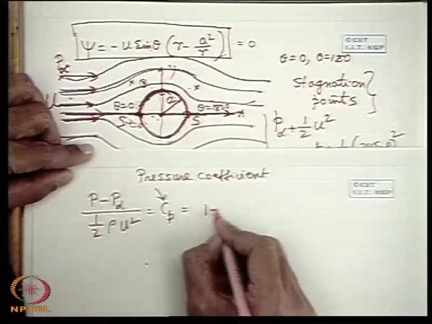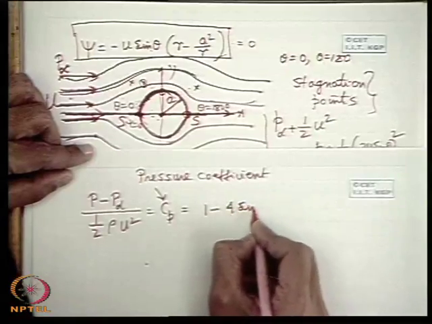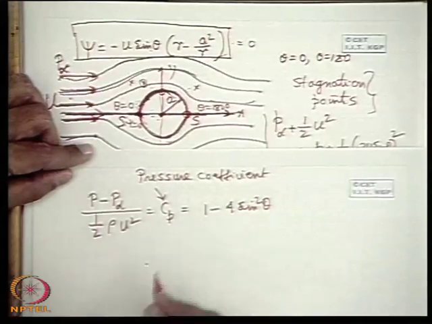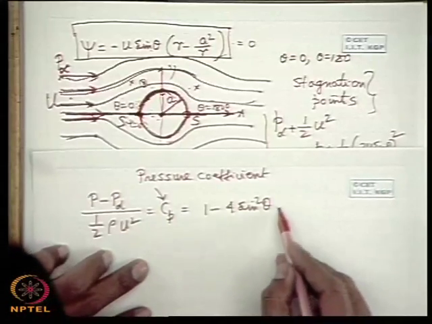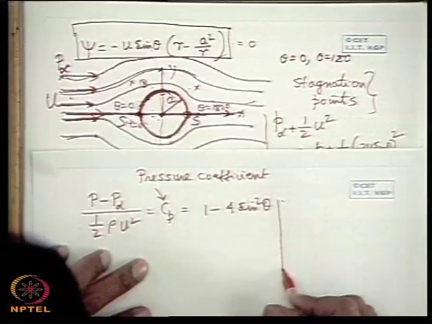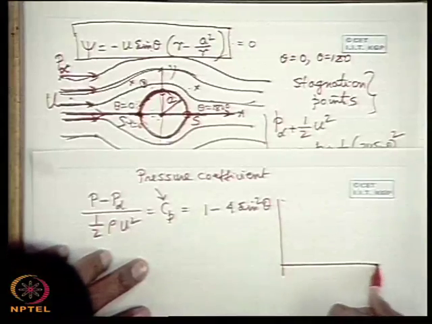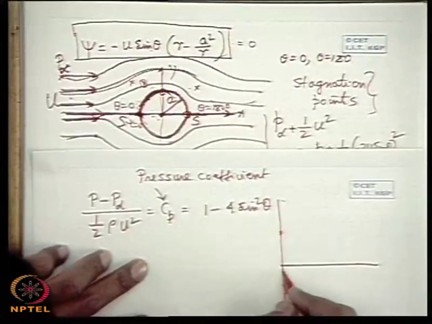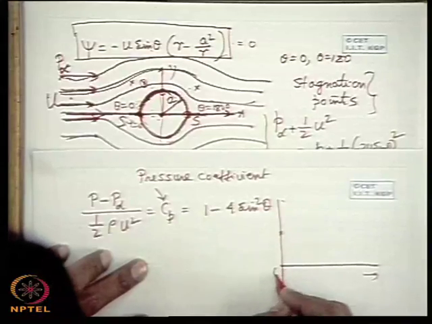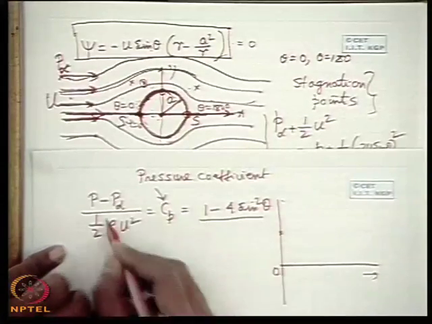This becomes 1 minus 4 sine square theta. Now if we plot this, we will get a curve like this. Here, from theta equal to 0, this is theta, this is 0. At theta equal to 0, this is 1.